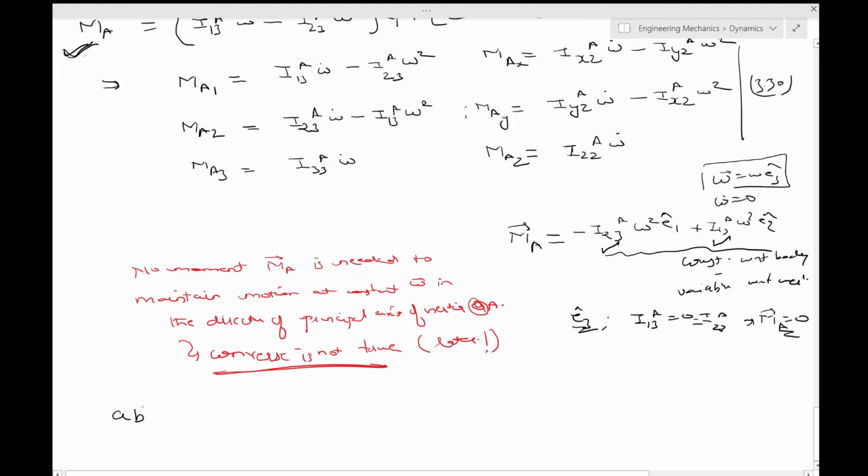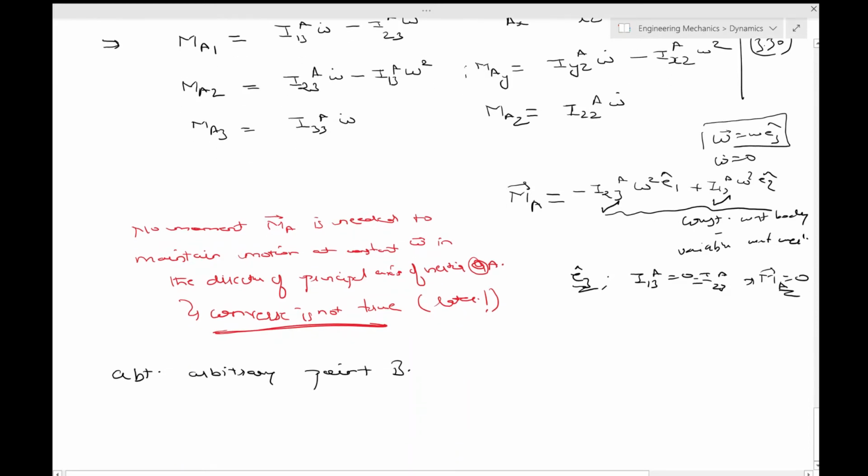About arbitrary point B, okay. A was a point on the body or its massless extension. About B, life is not very difficult.